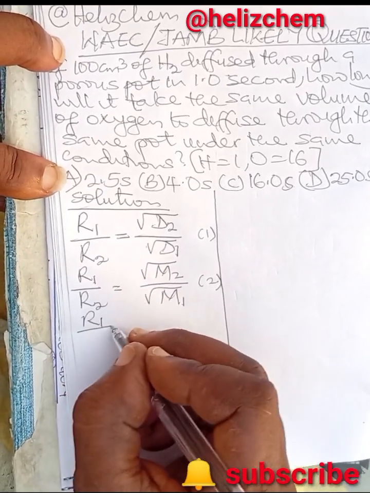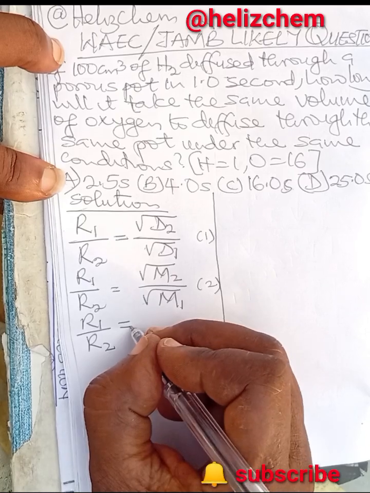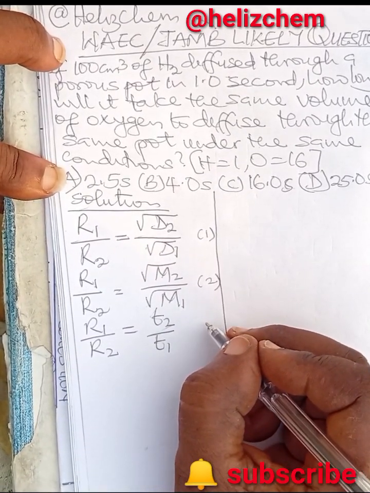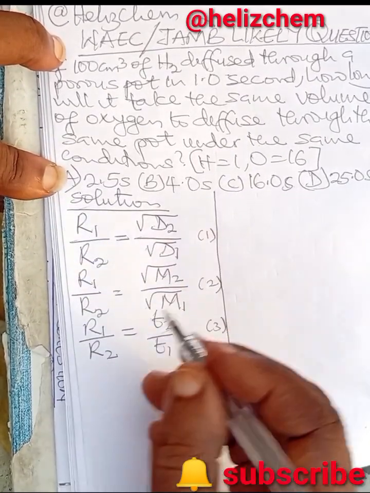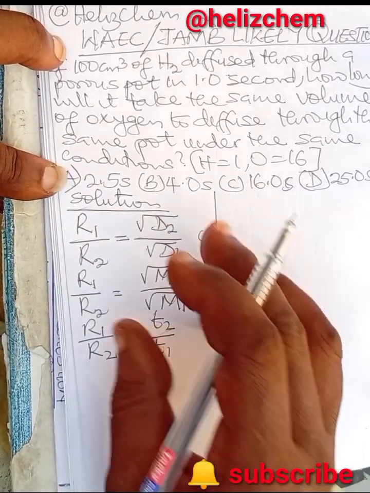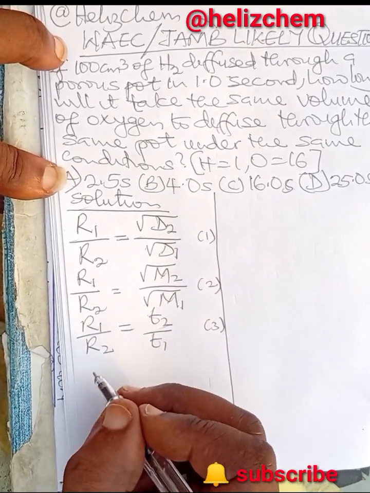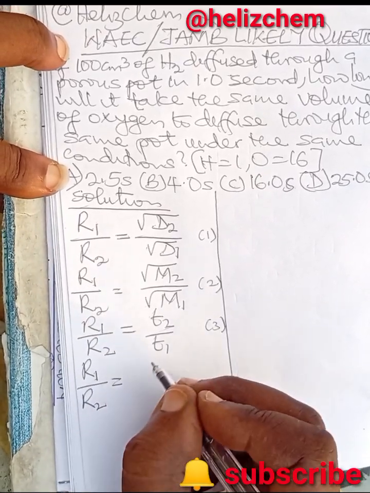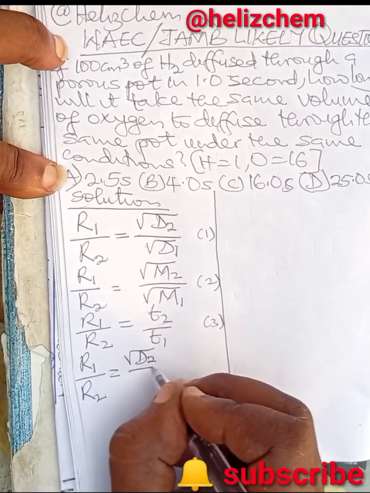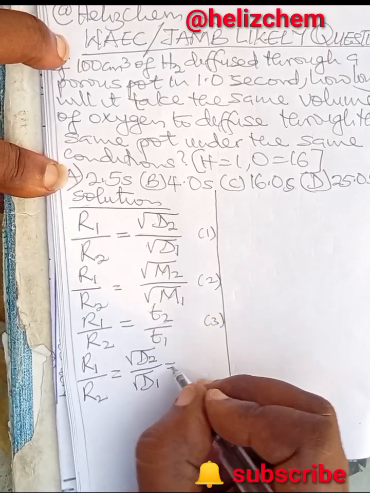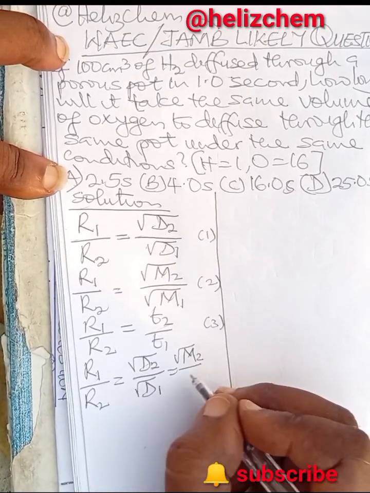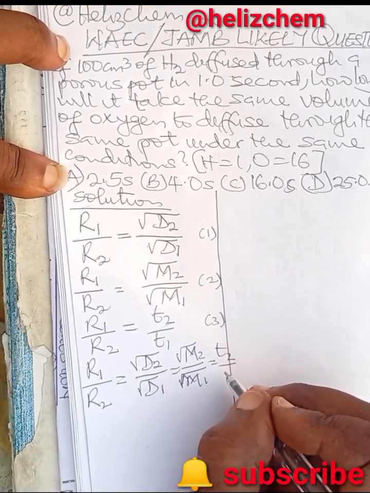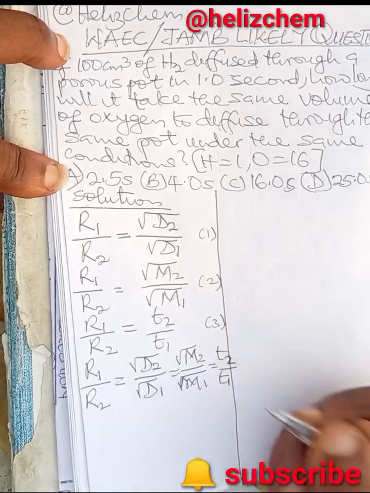Likewise, our R1 over R2 can also be equal to T2 over T1, that is time. This is equation 3. So for Graham's law of diffusion, we can combine the three equations together to have this: R1 over R2 is equals to D2 over D1, which is equals to square root of M2 over square root of M1, which is the same thing as T2 over T1.